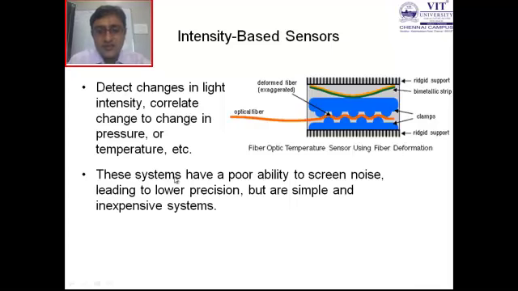These systems generally have a poor range and poor ability to screen the noise, leading to lower precision. Precision is how accurate it is, how right the value is. But they are simple, simple to manufacture and quite inexpensive also.